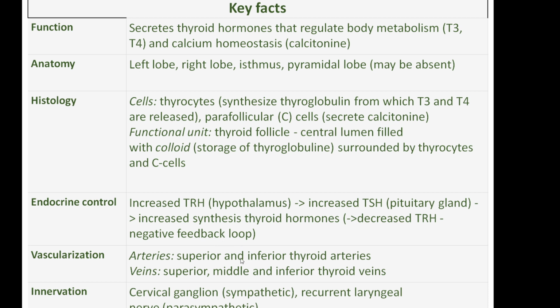Vascularization: arteries, superior and inferior thyroid arteries; veins, superior, middle and inferior thyroid veins. Innervation: cervical ganglion, sympathetic; recurrent laryngeal nerve, parasympathetic. And clinical relations: ectopia, adult thyroid disease.